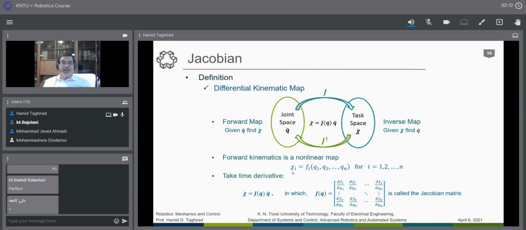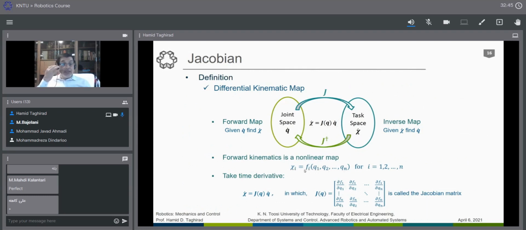If we directly differentiate the forward kinematics to find X dot in terms of Q dot, for each component Xi we have Fi, one nonlinear function, and if we define the derivative in terms of the partial derivatives, the Jacobian can be derived from the direct differentiation, finding the Jacobian matrix of the function f.